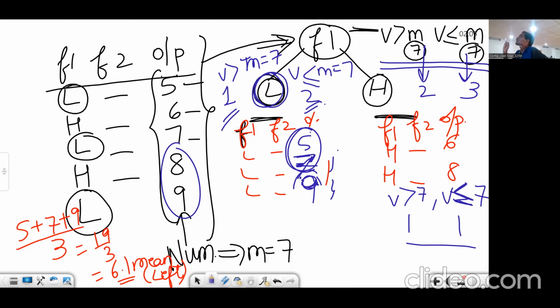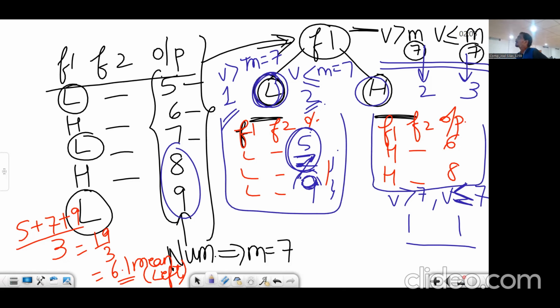Now, we have done this. Further, at L and at H, considering these data sets only, what we have to do is the same process. What was that? Find the mean of all these values, which comes out to be 6.1 something. Then further split this data set.